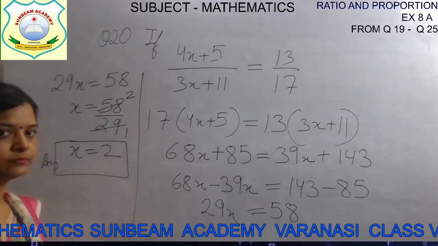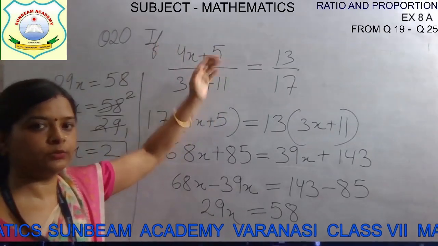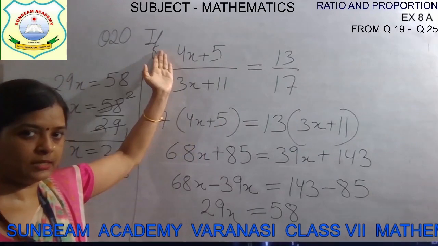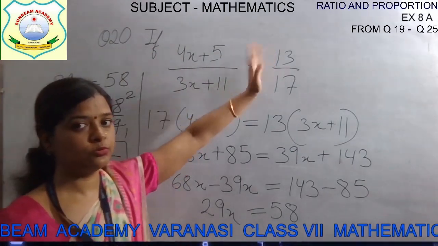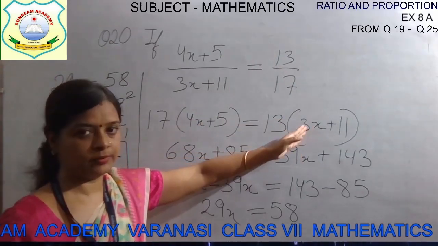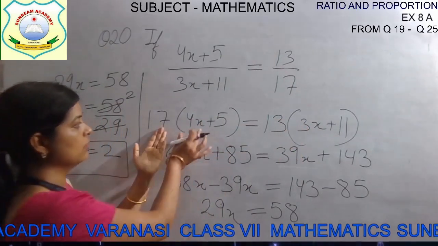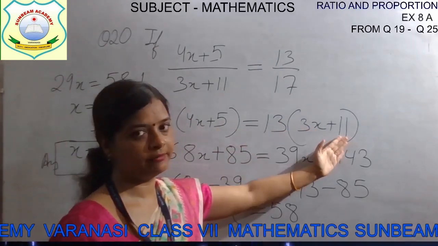Clear? First, transpose the denominator to different sides. This will transpose to LHS in the numerator, and this denominator will transpose to RHS in the numerator. Now, open the bracket by multiplying 17 with 4x and 5, 13 with 3x and 11.